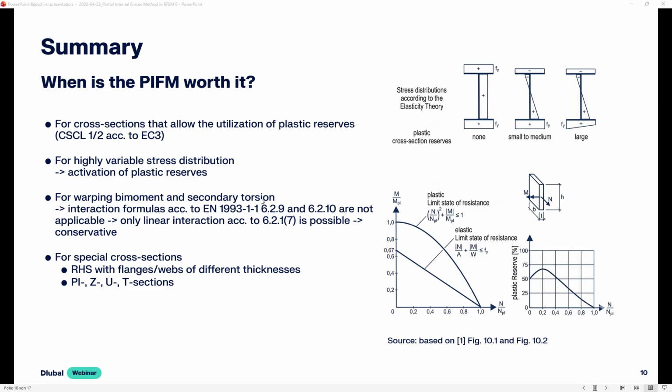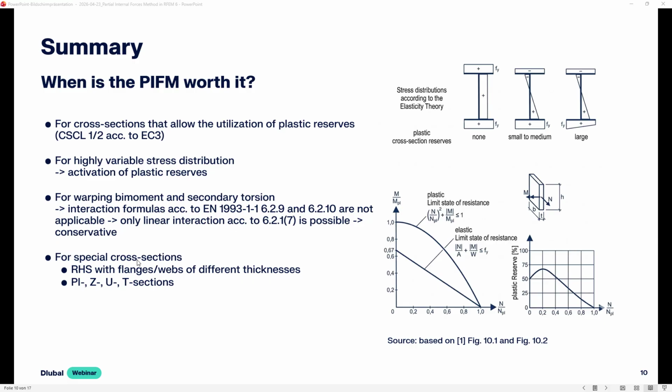torsion. And last but not least, for special cross-section shapes, especially these cross-section shapes that do not allow the interaction according to Eurocode 3, 6.2.9 and 6.2.10.